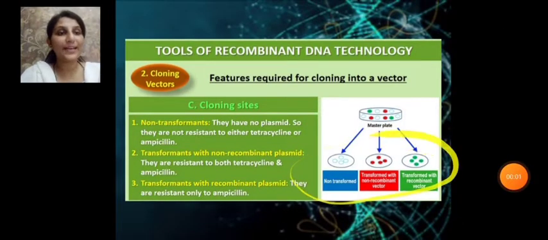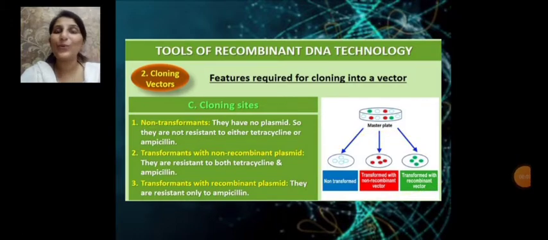So we can see three types of cells: non-transformants, which cannot resist either ampicillin or tetracycline; then the transformants with non-recombinant vector, which are able to resist both tetracycline and ampicillin; and the transformants with recombinant DNA, which are able to resist only one type of antibiotic, that is ampicillin, because no gene has been inserted into the ampicillin resistance gene.